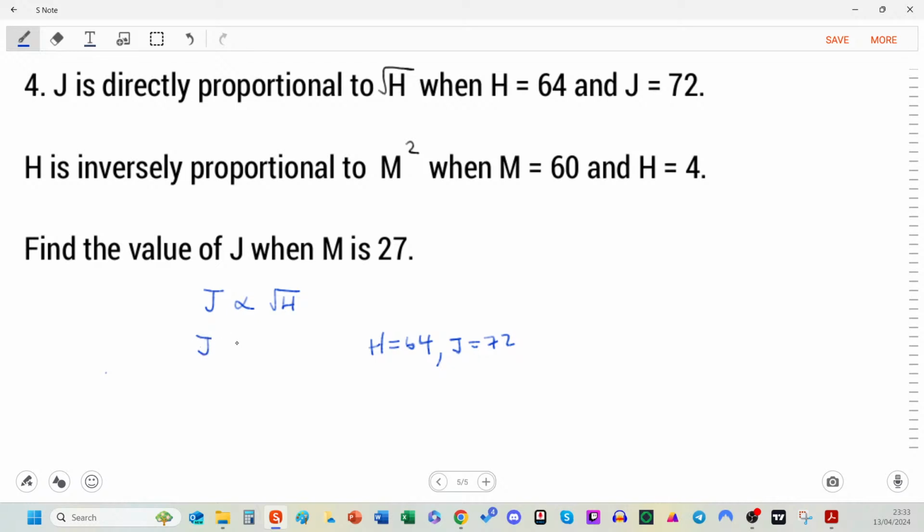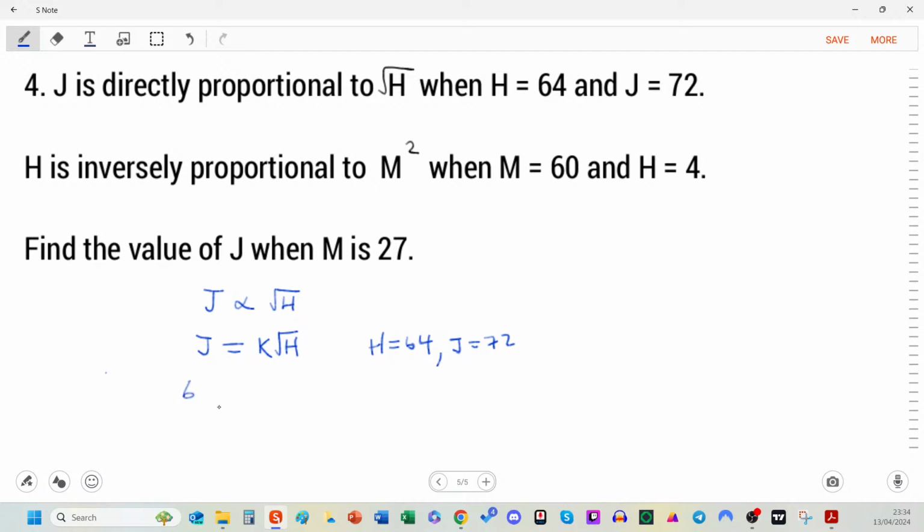The equation is where we replace the proportional sign with an equals, and we multiply by k, because that's the implication that j is related to this expression of h by one single multiplication that we need to find out what that is. And that constant can be found by substitution.